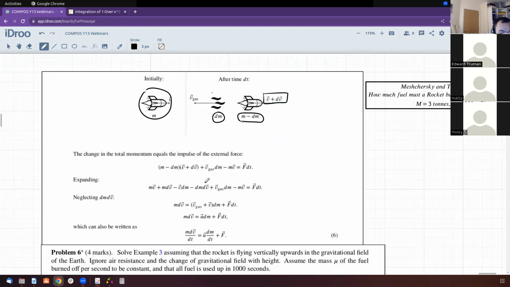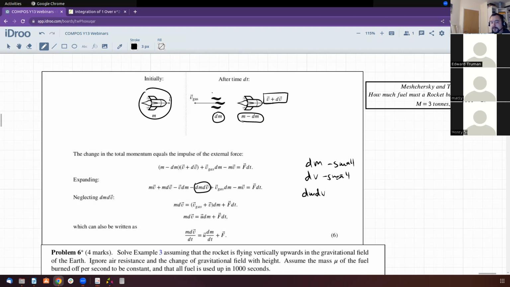One thing I'm using here is I'm saying, look, dm is small. dv is small. But dm dv is small on another level. It's small compared even to dm. It's a different order of magnitude smaller.